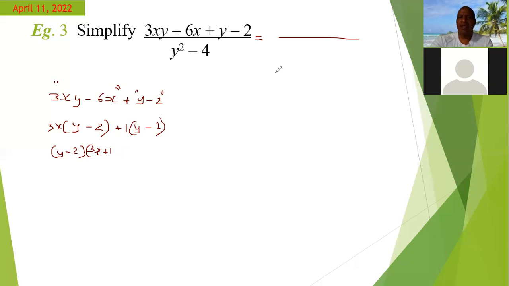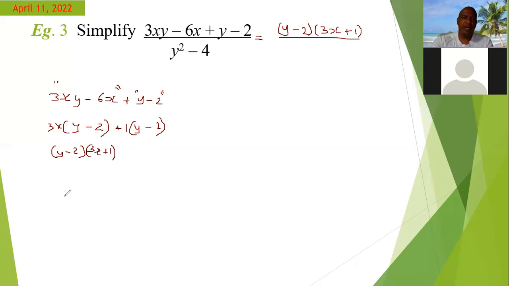If we put this back in the numerator as the factorized form, we get y minus 2, close brackets, times 3x plus 1, close that bracket.